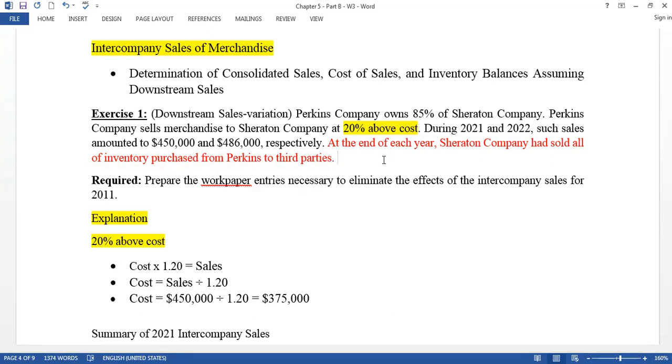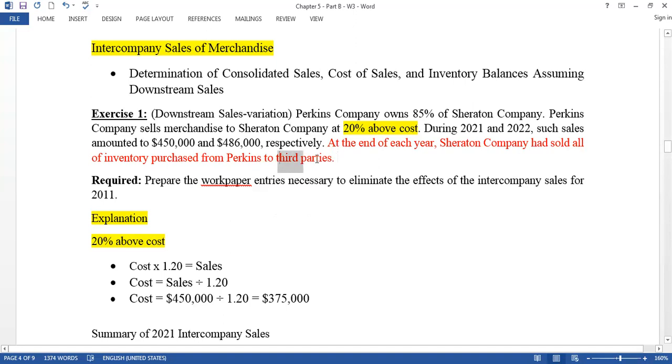If you find that at the end of the year there is no ending inventory, what is the meaning? No ending inventory means the parent or subsidiary sold everything to the third party. If you sell everything to the third party, it means that you don't have anything within the company, right? So here you can see that at the end of the year, Sheraton had sold all inventory purchased from the parent to third parties.